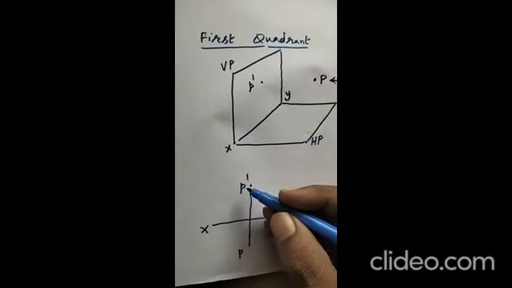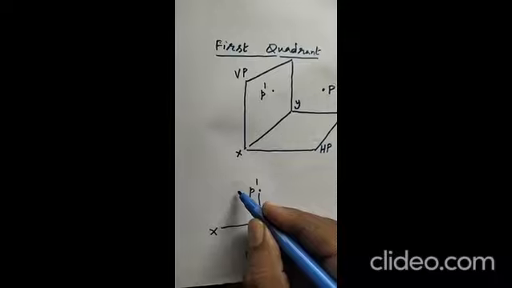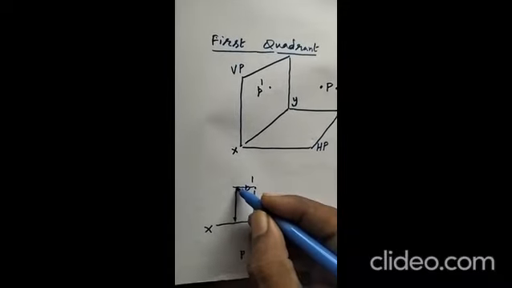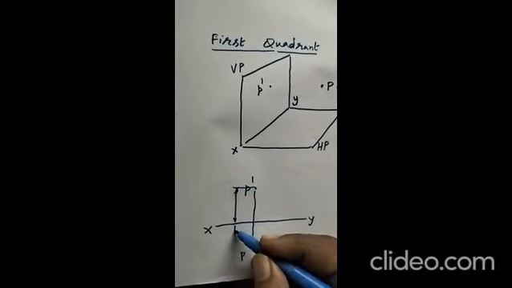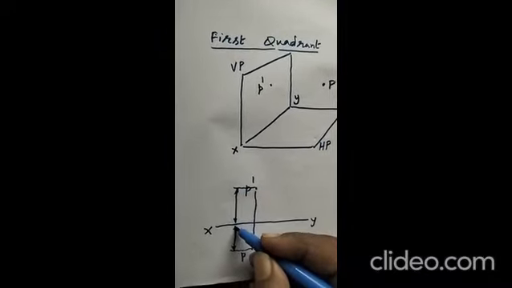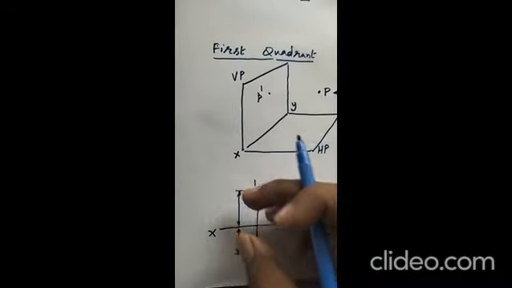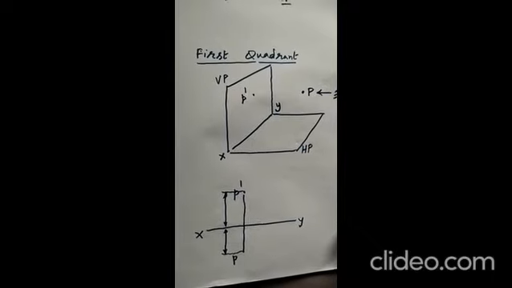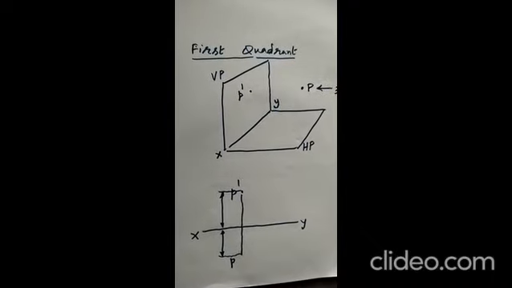If we want to mention the dimension lines, we can mention what this above HP distance is and what this in front of VP distance is. This is about first quadrant projection.